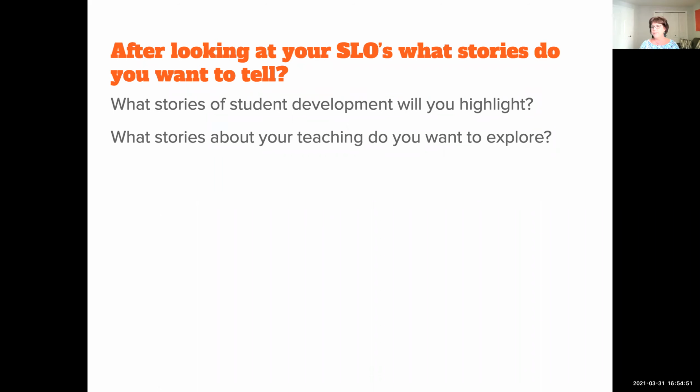You're going to give this overall picture, but maybe you want to share some really cool stories about student development. Or stories about your teaching that you think may have impacted things.